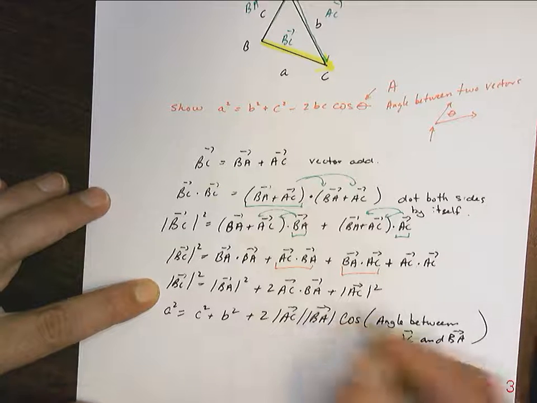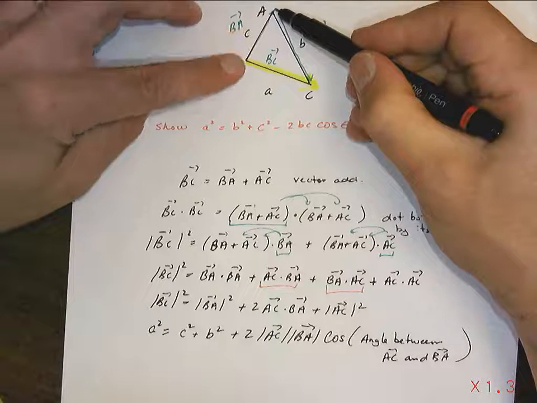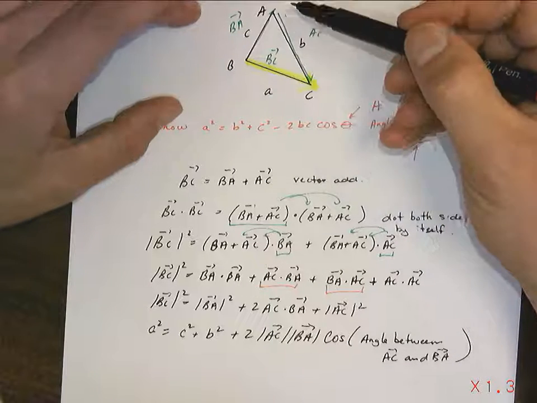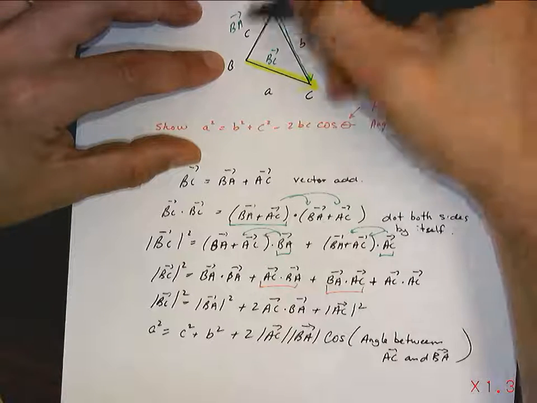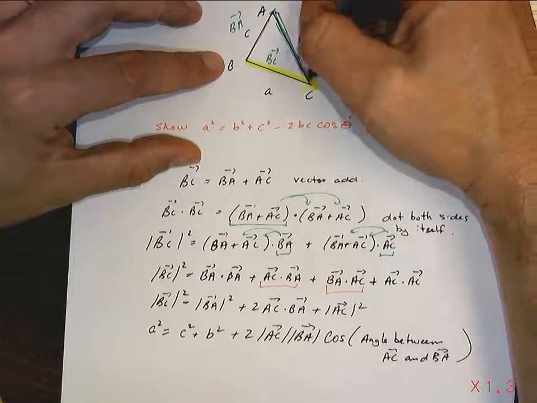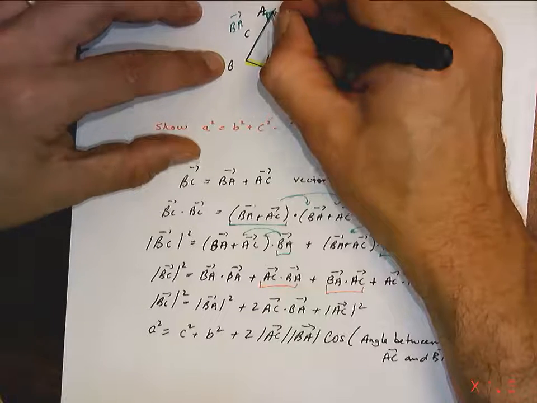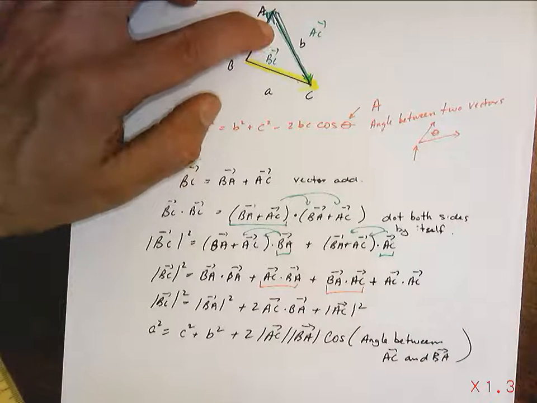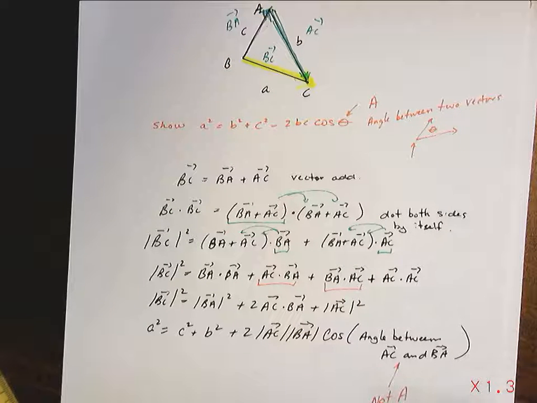And that's where we ran into problems, because the angle between AC and BA is not here. It's not A. It's not vertex A.